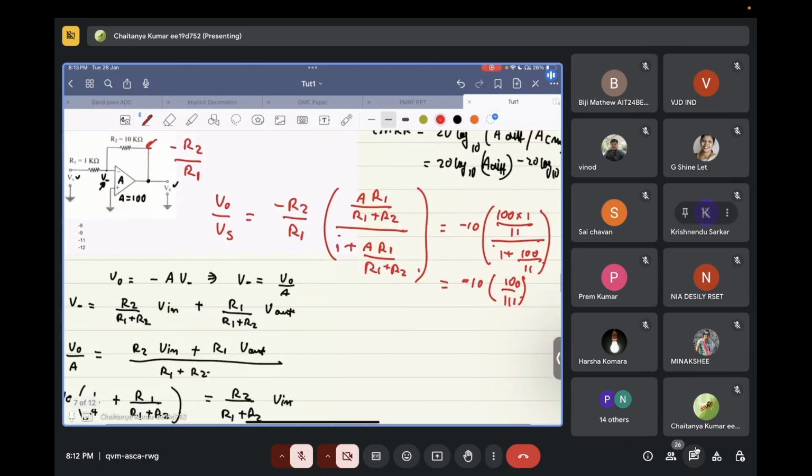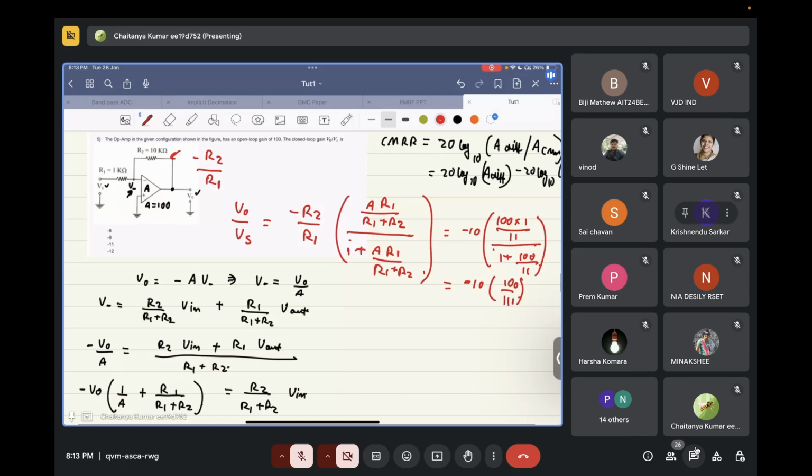So this roughly amounts to minus some 8.9, which is roughly equal to minus 9. Is this clear, guys? Any doubt in this?